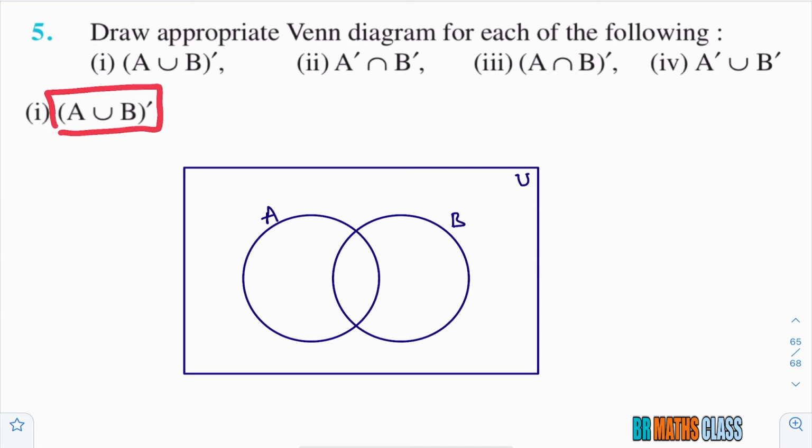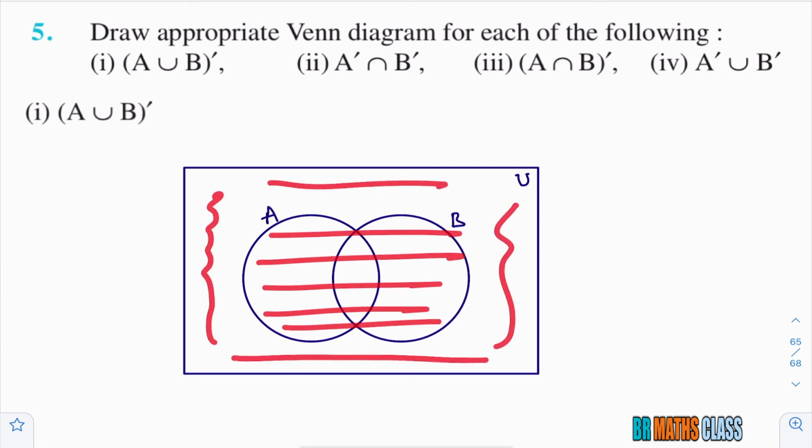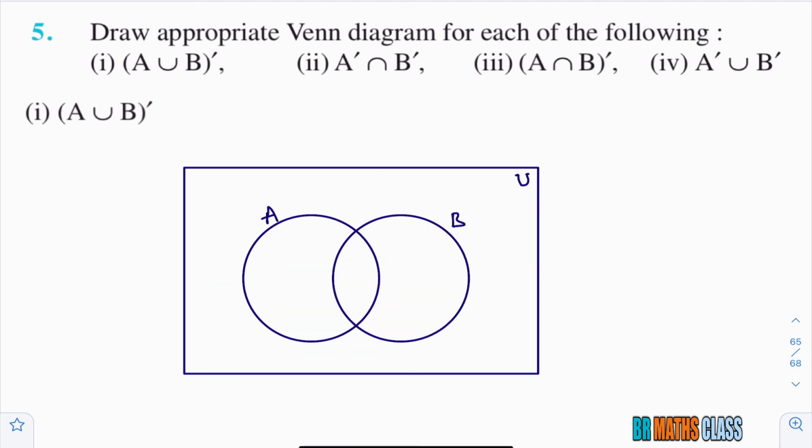So, not A union B. In this diagram, this part is A union B. Other than A union B, what part is there? You can observe this part. This part is not A union B. So, I'll shade that part. You look here, this slight green color one is there. What is this?